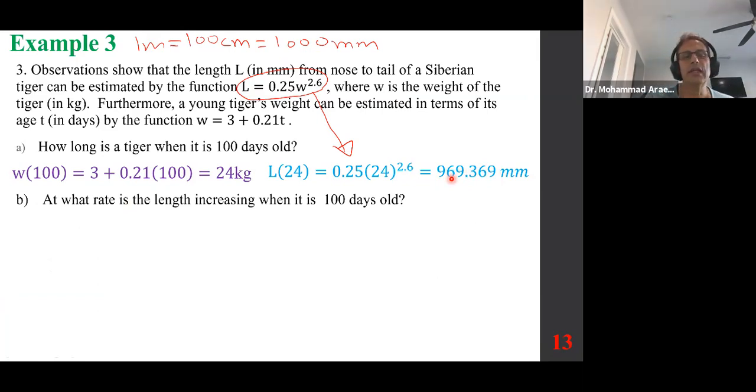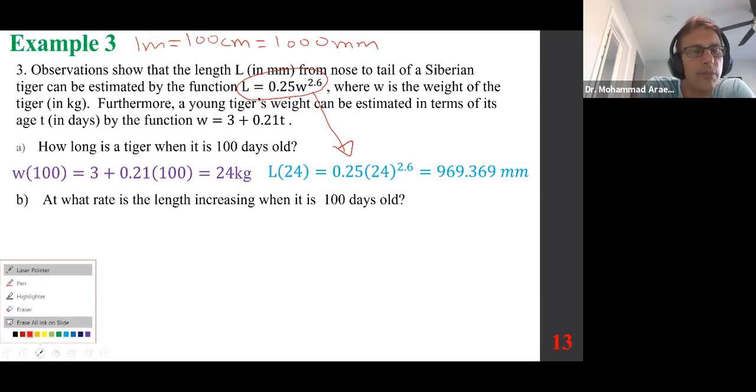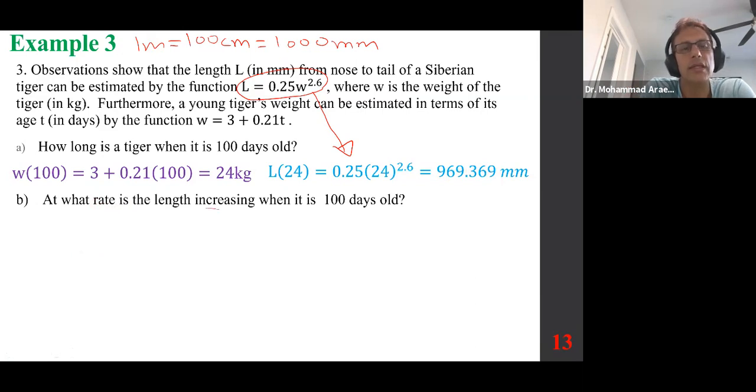At what rate is the length increasing when it is 100 days old? Using the Leibniz notation, here's how we come up with the answer. At what rate is the length increasing when it's 100? So we want dL/dt.